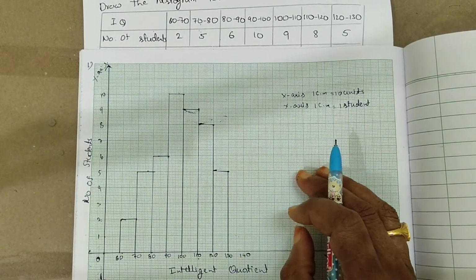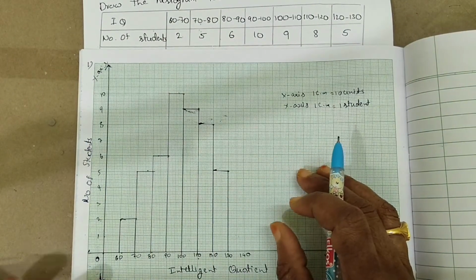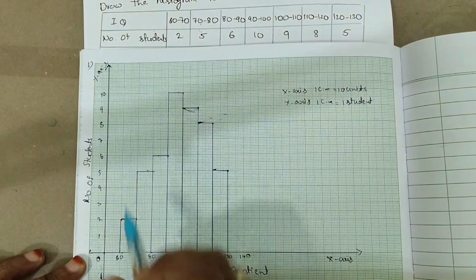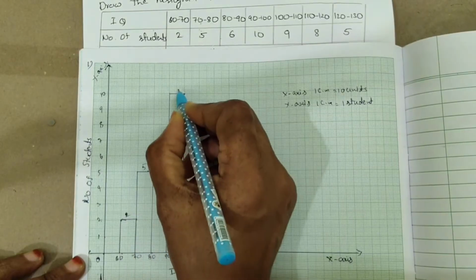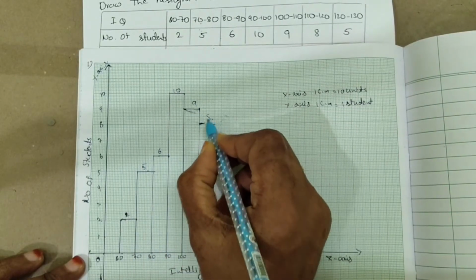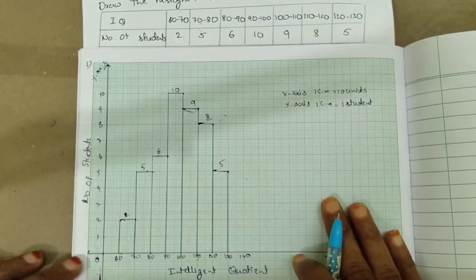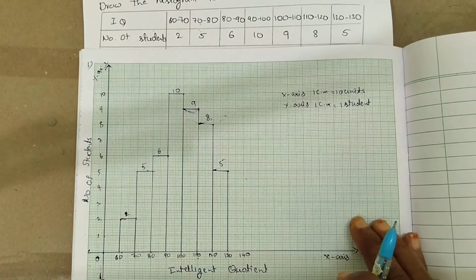This is the histogram of the given data. Now we write the numbers. First one is 2, next is 5, then 6, 10, 9, 8, 5. So this is complete. First one, answer.